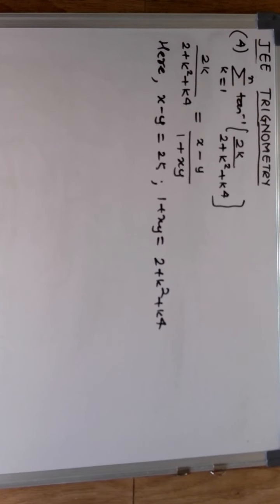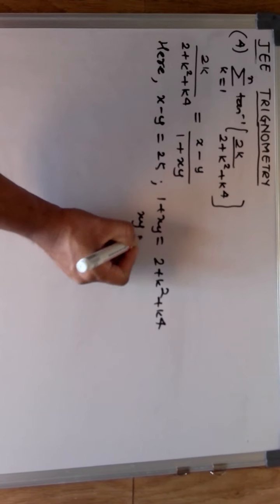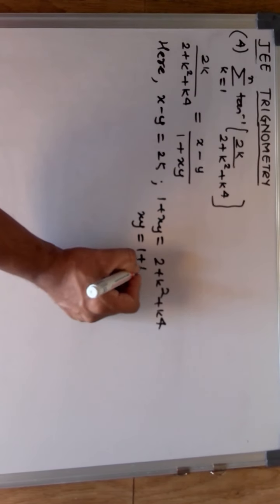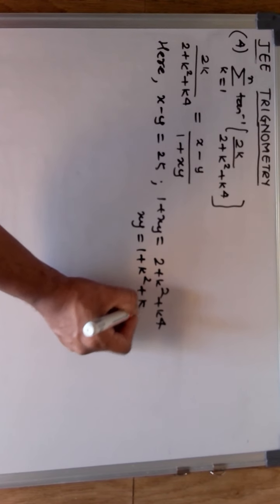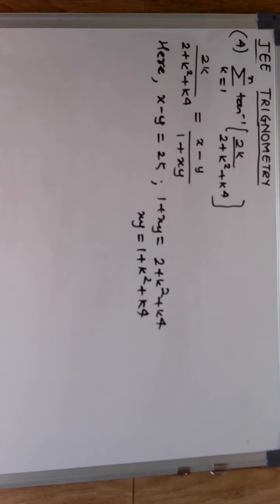So I get x minus y is equal to 2k, and xy is equal to 1 plus k square plus k raised to 4. So what to do now?